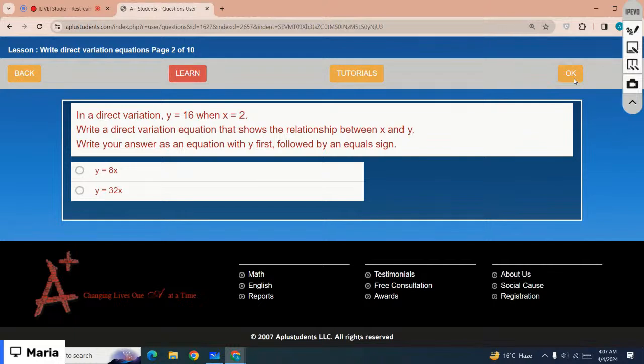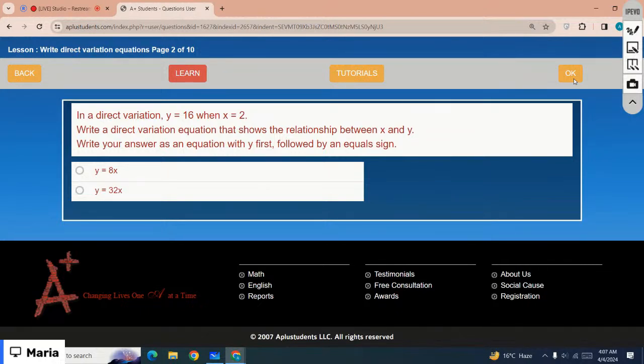Okay, the next one is in a direct variation, y equals 16 when x equals 2. Write a direct variation equation that shows the relationship between x and y.